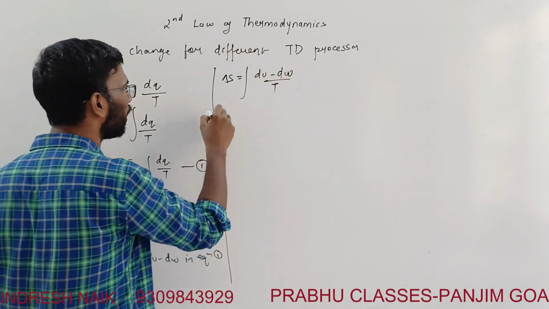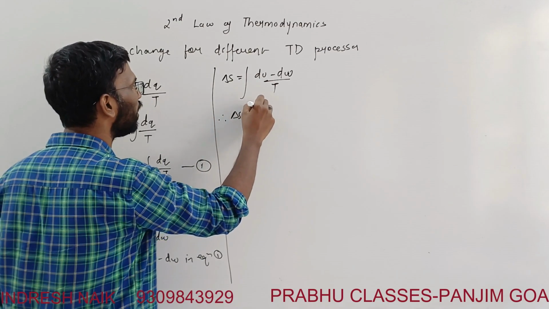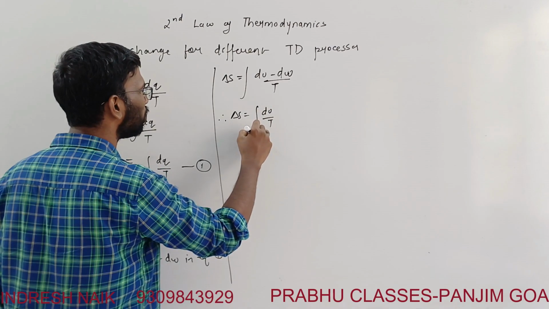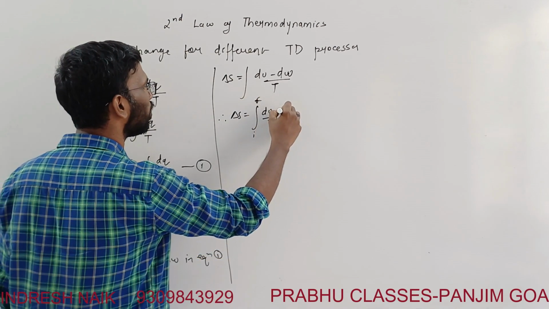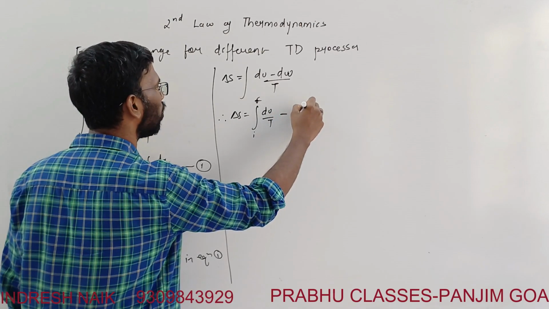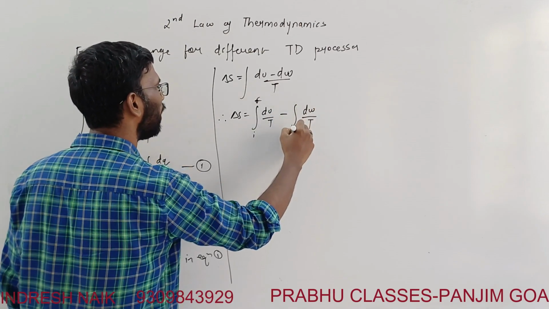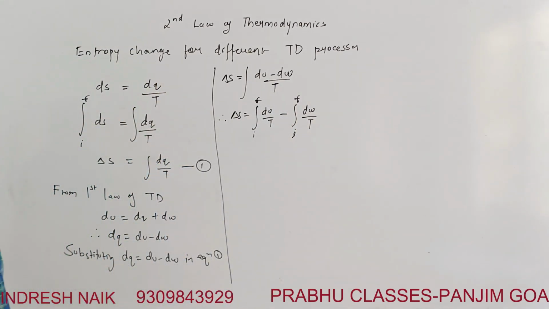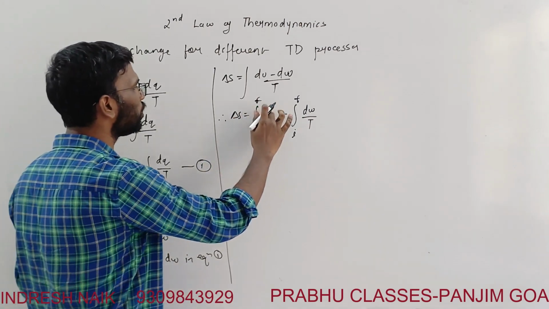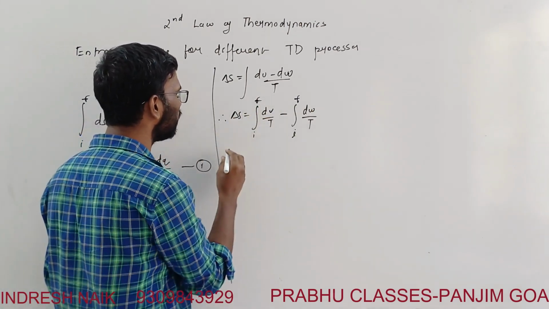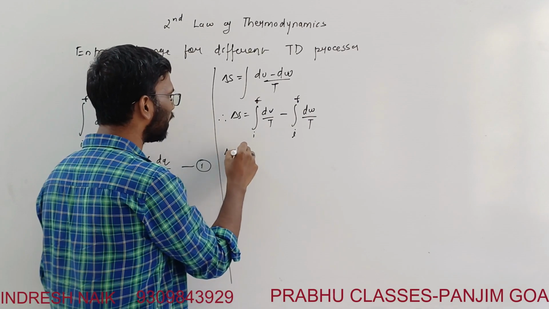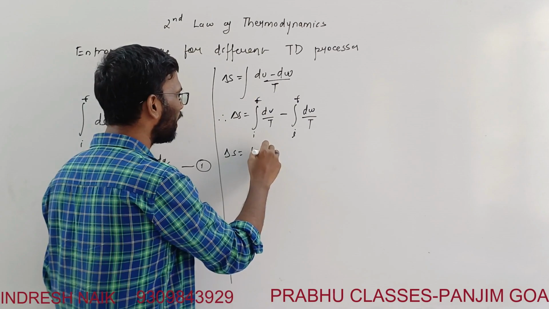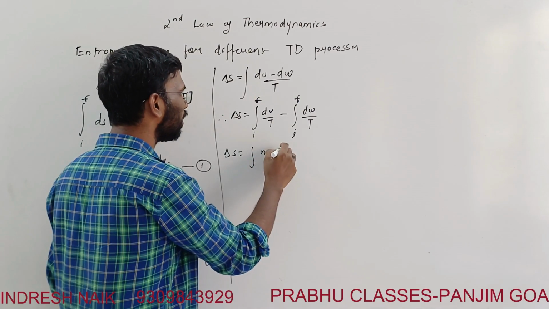by T. Therefore, I'll split this: integral of dU by T from initial to final minus integral of dw by T from initial to final. This is what we can write. So what is dU equal to? If we split this further, dU is equal to n Cv dT.